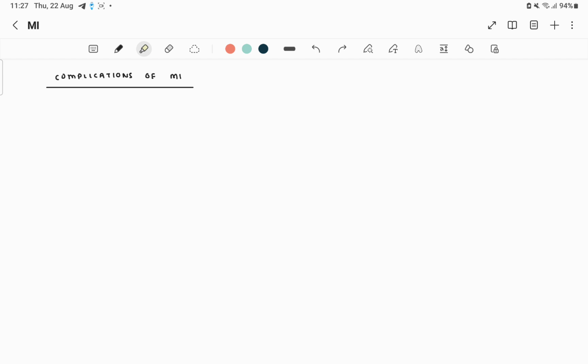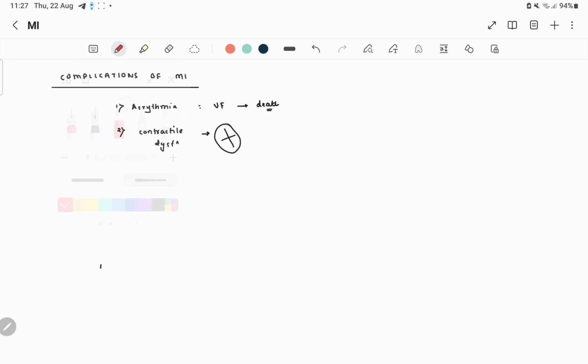The first complication is arrhythmias. If there is ventricular fibrillation, it will lead to early death in MI. Then we can have contractile dysfunction. Due to contractile dysfunction, not much blood is pumped, and the blood pumping capability is very reduced.